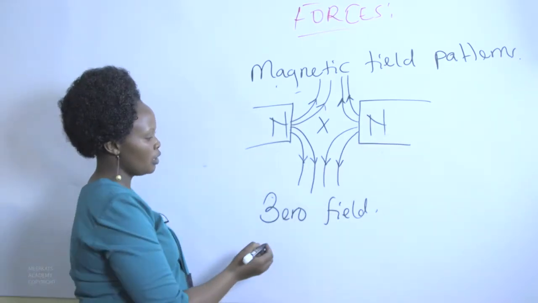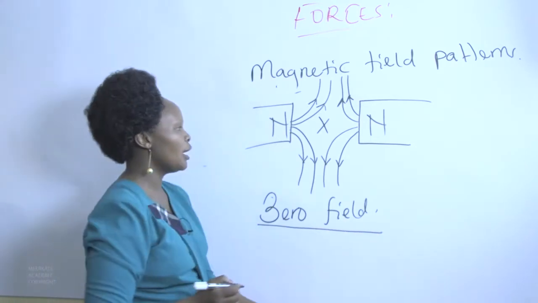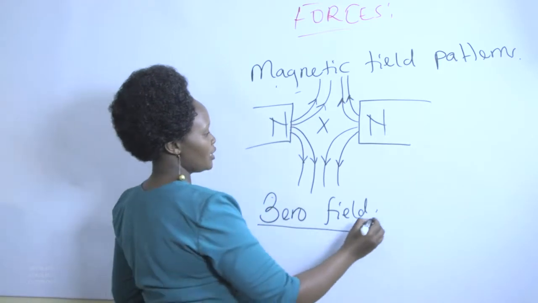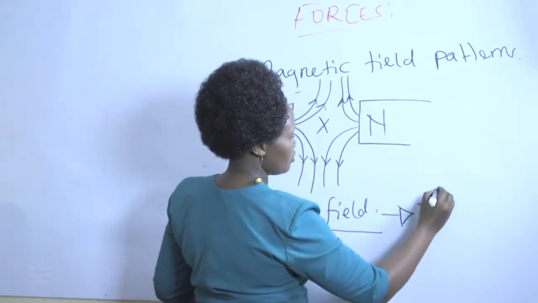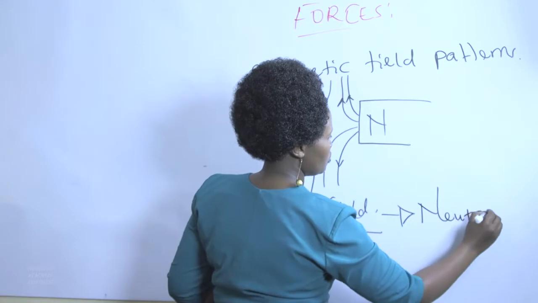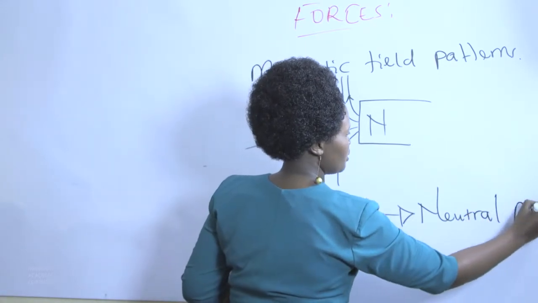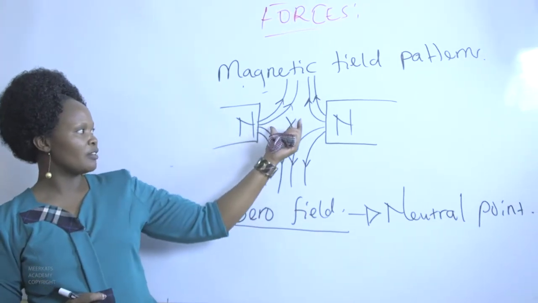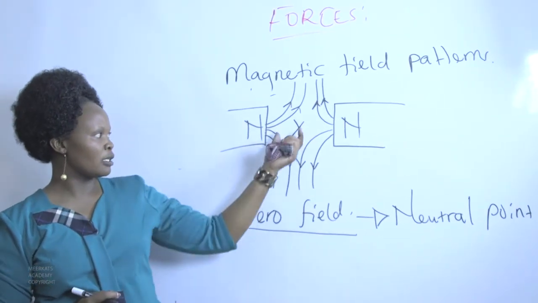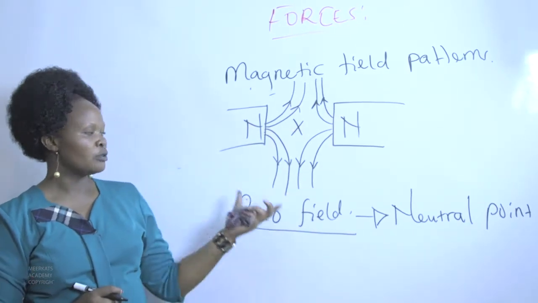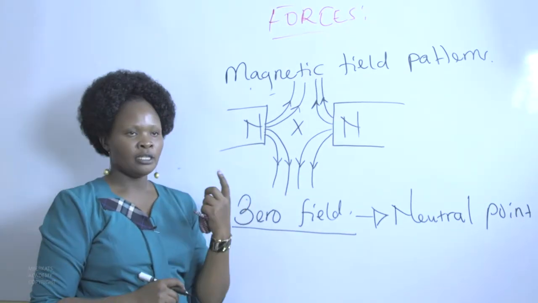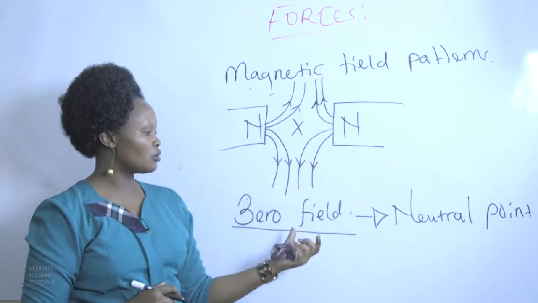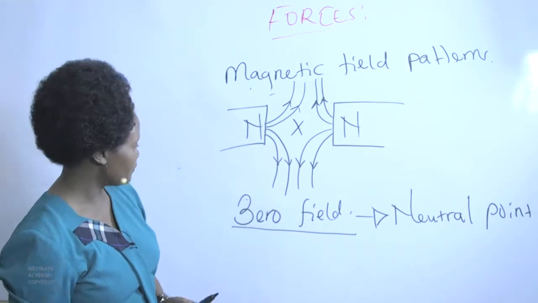And for that reason, we say that the field at region X is 0, and therefore we call it the neutral point. At the neutral point, whatever material you place there is not going to experience any magnetic effect of these two magnets, because there is no line of force that crosses that point.